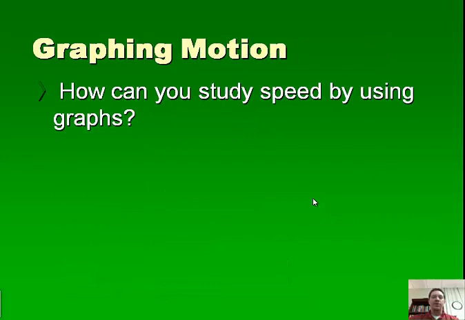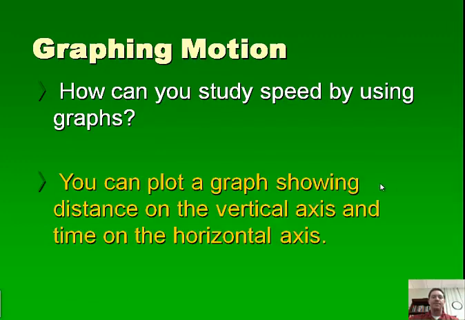So how can we study speed? By using graphs. You can plot a graph showing distance on a vertical axis and time on the horizontal axis. Vertical is up and down. Horizontal is left and right, so we think about the horizon.